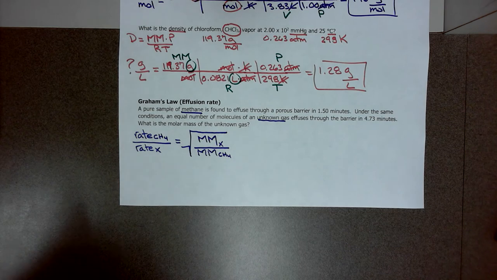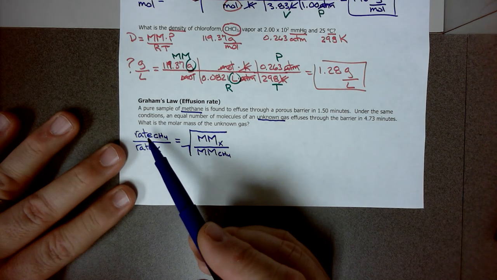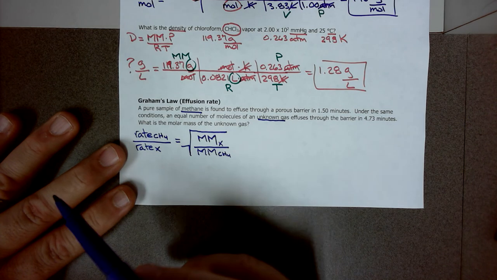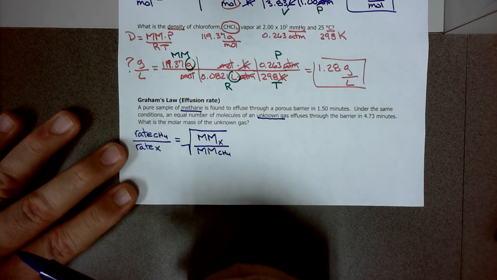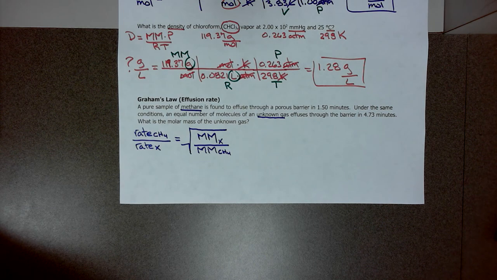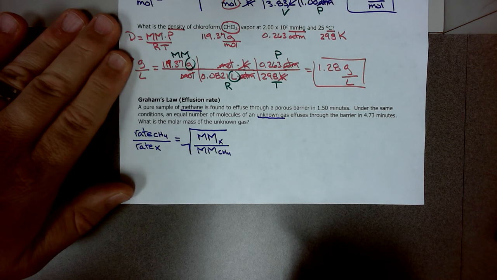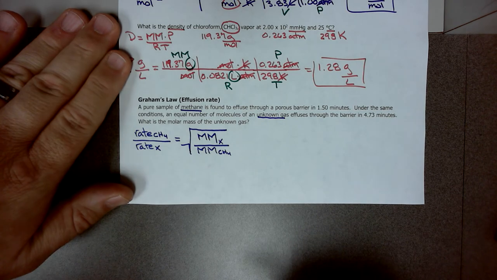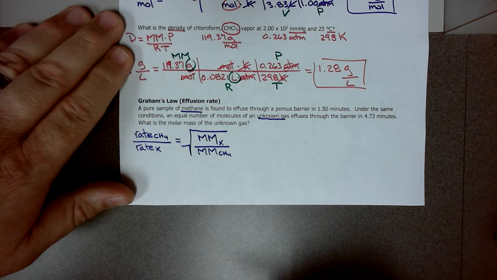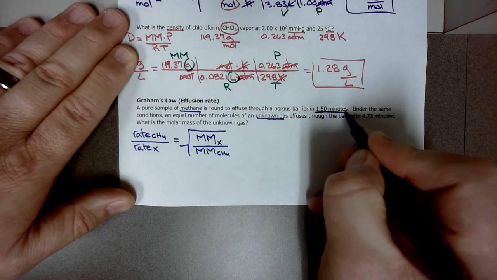Now, I don't know if you remember this, but rates are always something over time. So you can say speed is distance over time, how much distance is covered over a certain amount of time. We can also say the rate of a reaction is the change in concentration over time. So here is my time unit for the methane.